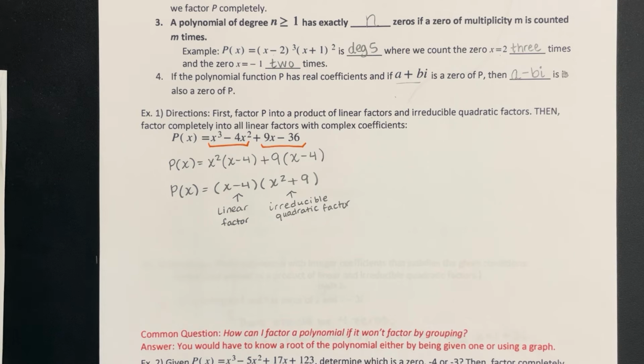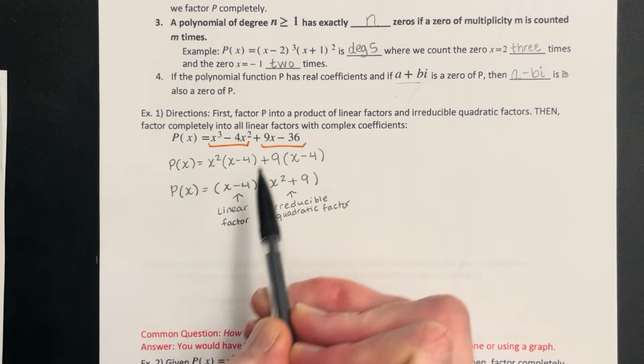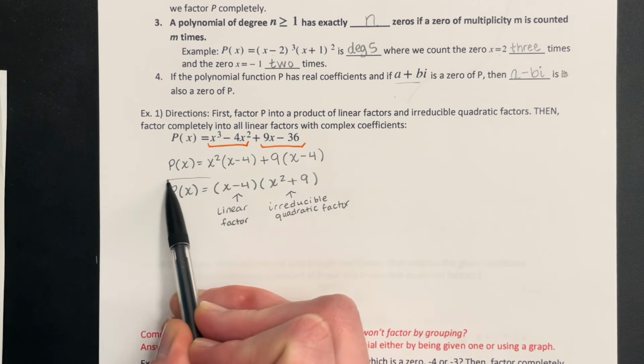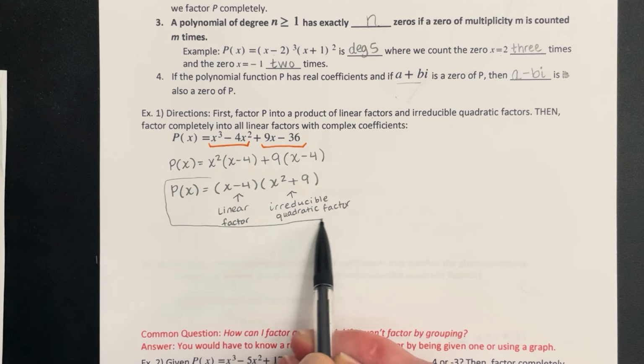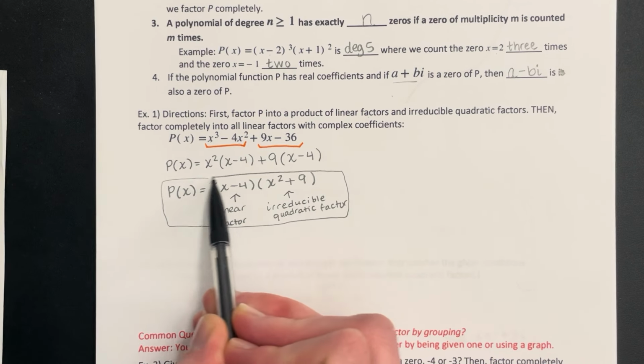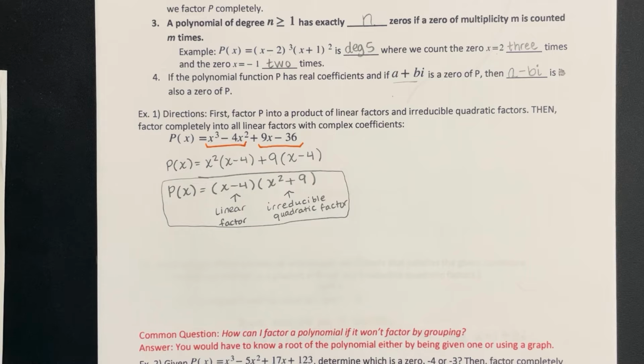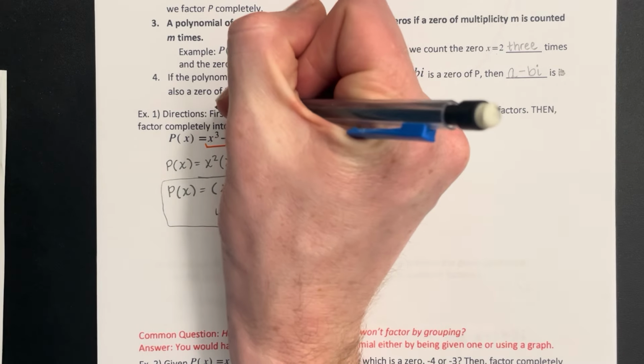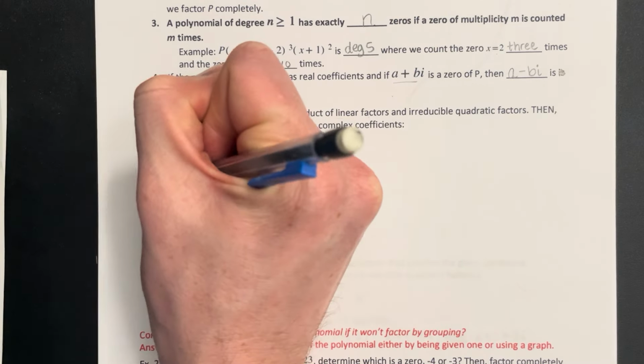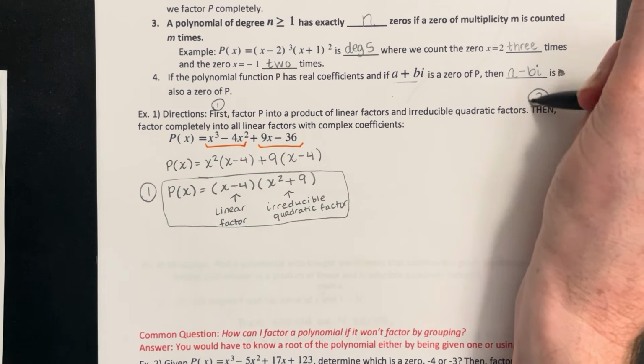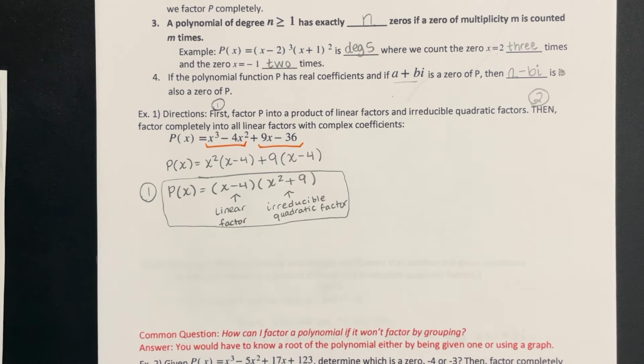If that's all it asked us to do, which is the first part, then we're done. This is part of the answer. But there is a second half to this question. It says then, so there's part 1. Then we want to factor this completely into all linear factors, with complex coefficients.